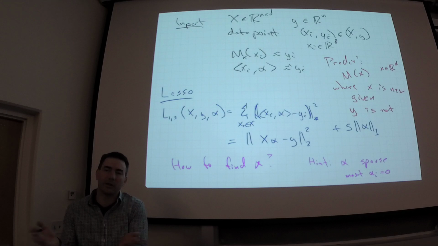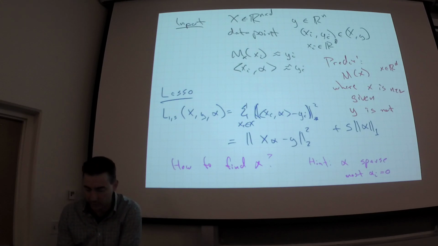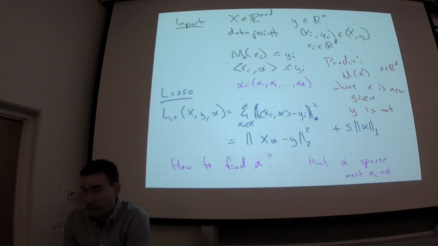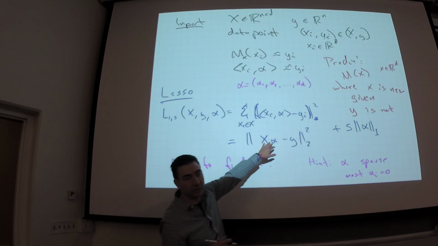The same way with k-means clustering, we don't have a great exact solution for that, but there's a common algorithm that we run anyways. Right? Okay, so how would we go about trying to find these alpha coordinates? Remember that alpha equals alpha 1, alpha 2, up to alpha d, right? So it's these d coordinates, and I say many of these are going to be 0, and I've got this cost function.